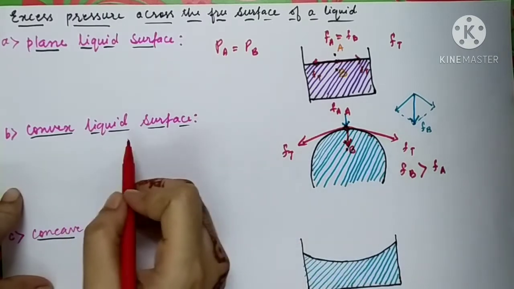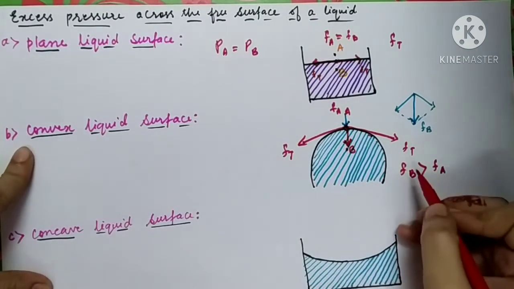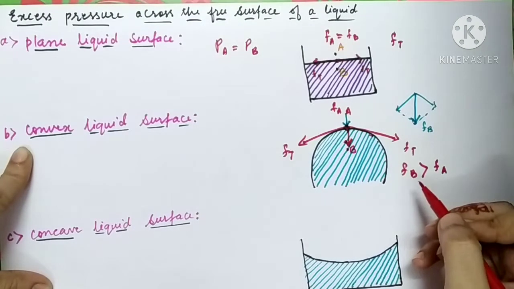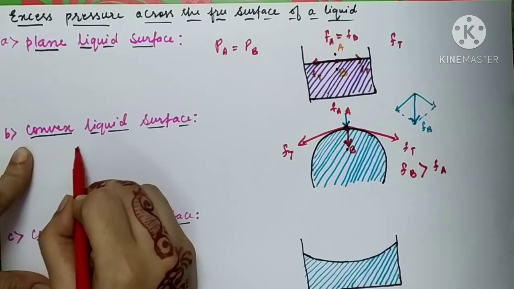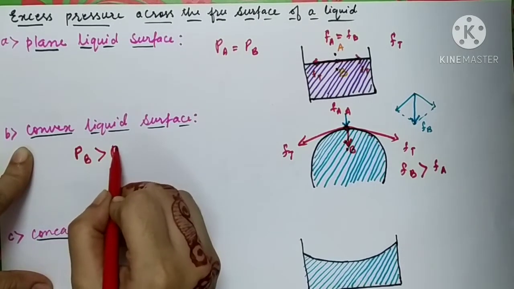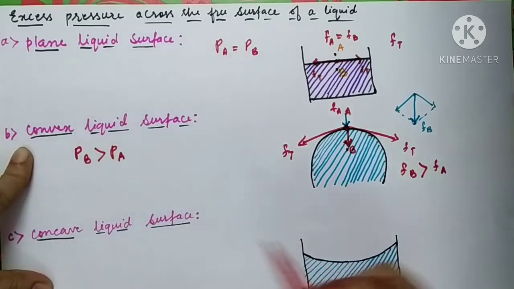So in this case, we all know that both force and pressure are almost the same. So we can say that pressure acting at point B is greater than pressure acting at point A.